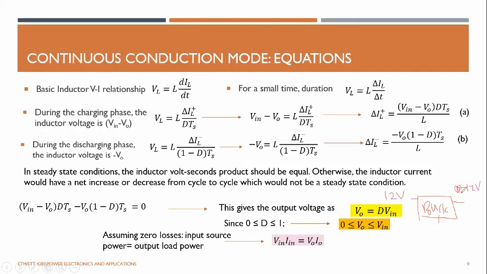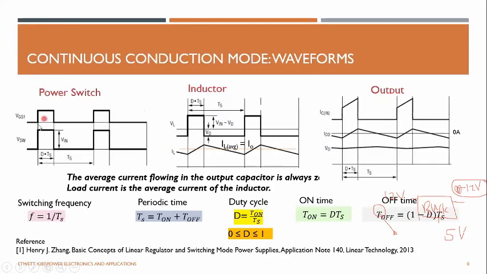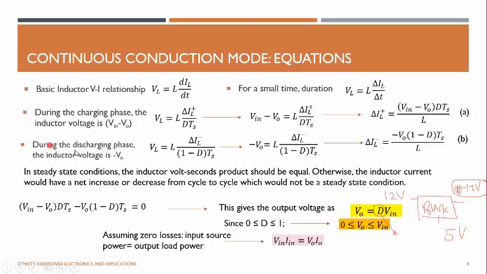You can design this controller to achieve any voltage from 0 to 12 volt. That's what is given by this equation, but you have to know which duty cycle you want. If you want to achieve 5 volts, there's a specific duty cycle at which you should operate your buck converter. You can calculate that from this equation, and from your Arduino or anything, you can turn on the switch for that period, and then you can achieve this 5 volt.